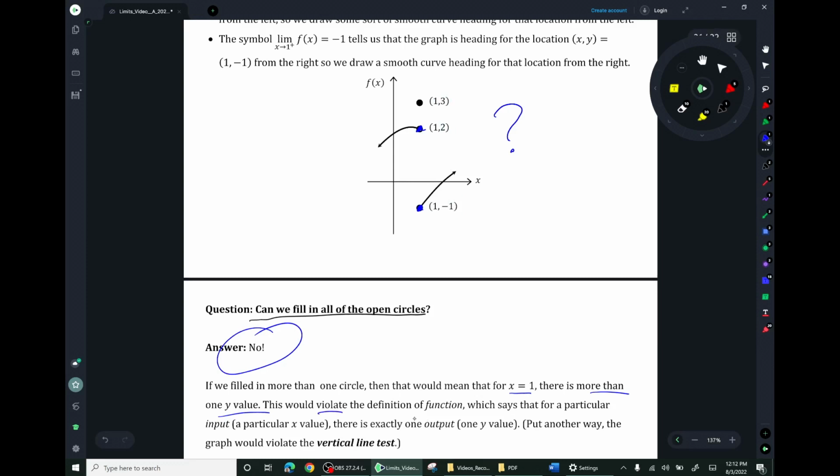Well, that would violate the definition of function that says for a particular input, there's exactly one output. Put another way, this would violate the vertical line test. The vertical line x equals 1 would intersect the graph more than once. So we're not allowed to put those blue dots in those two locations.